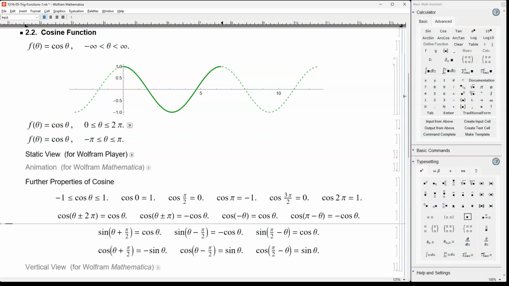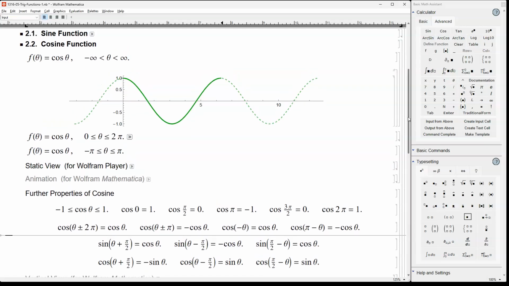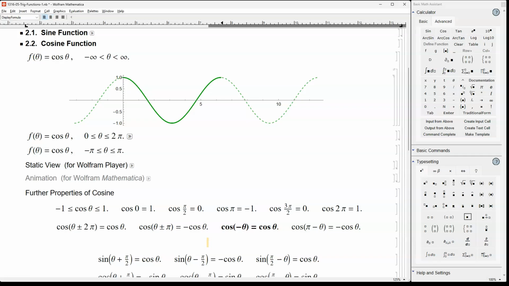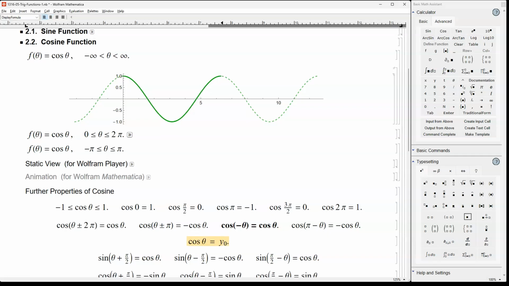Instead, we're gonna be using this one more closely than that one. What am I talking about? Pay attention to this. Cosine of theta is, for example, some y naught. Then what do you mean by that?